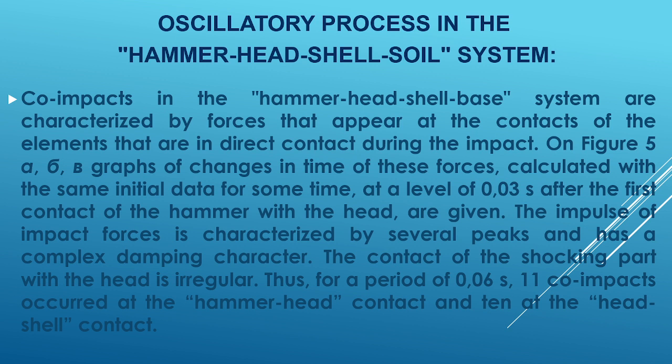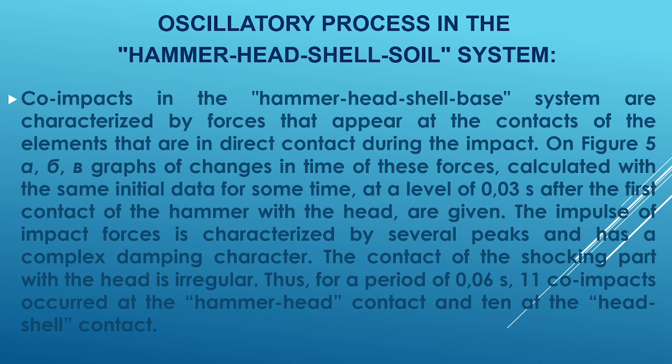Co-impacts in the hammer-head-shell-base system are characterized by the forces that appear at the contacts of the elements that are in direct contact during the impact. On figure 5 a, b and c, graphs of changes in time of these forces, calculated with the same initial data for some time at a level of 0.03 seconds after the first contact of the hammer with the head, are given.